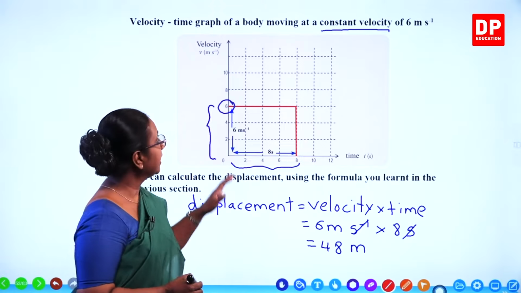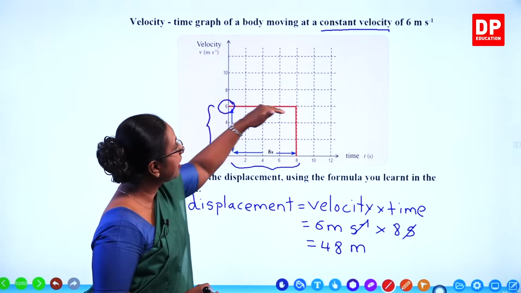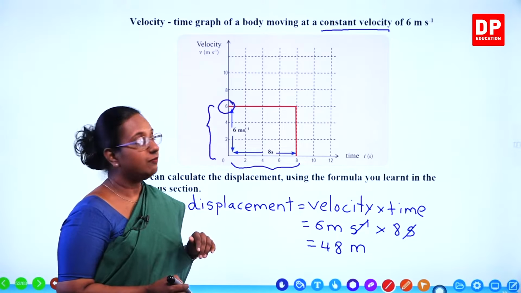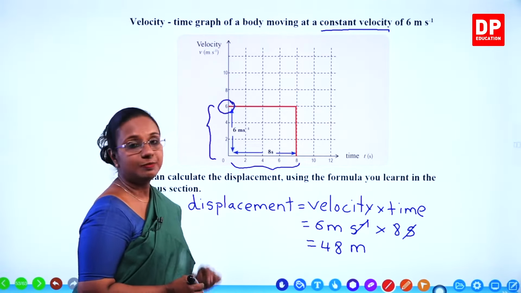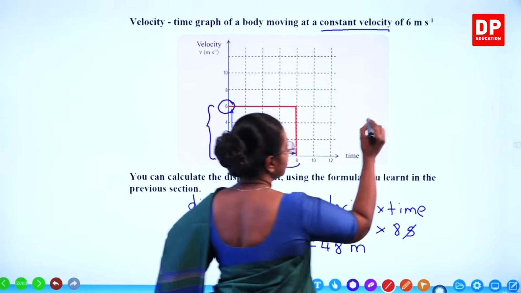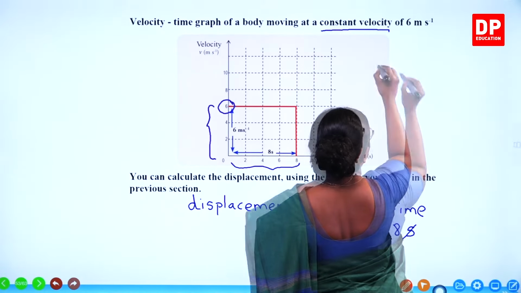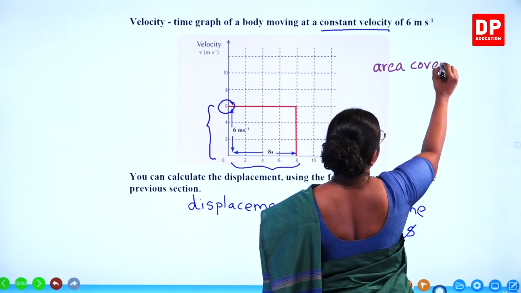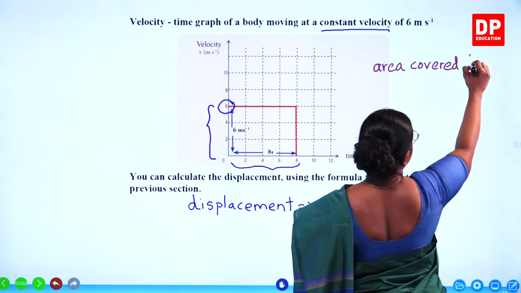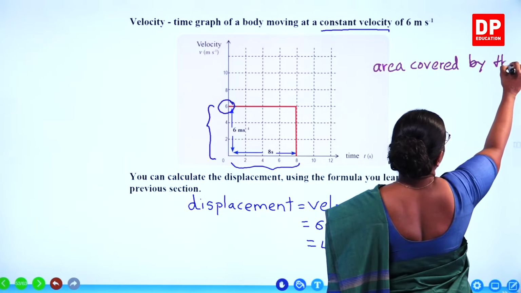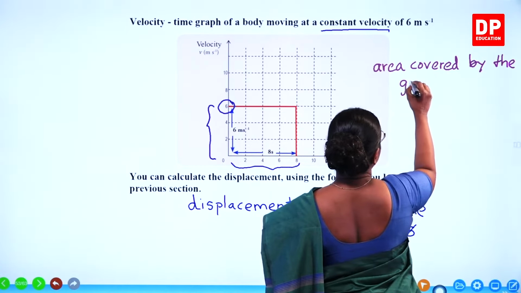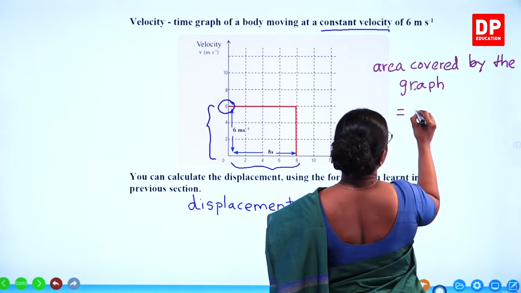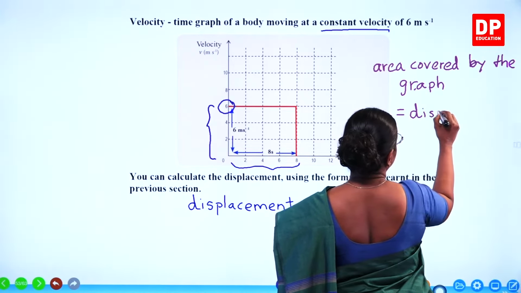So we can say the area under the graph of a velocity time graph will give you the displacement. So here if I calculate the area covered by the graph, it will be equal to displacement.